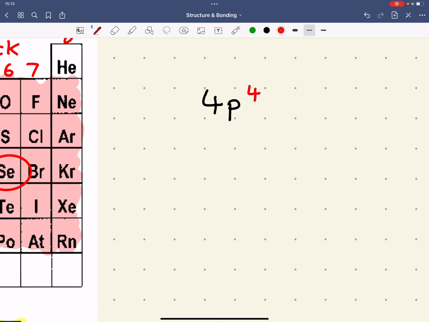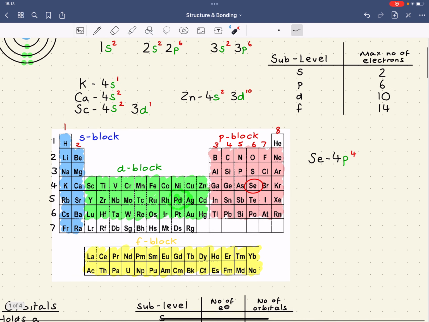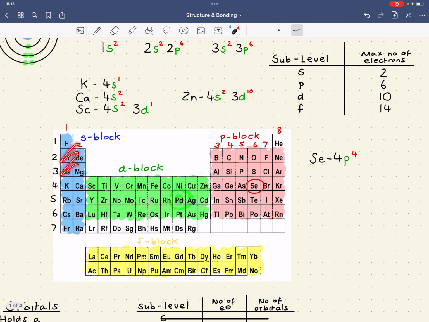That's what its highest energy electrons would be. So that would be selenium. Now, this is just a simplified rule. It doesn't always work, particularly for these transition metals. They tend to behave in a strange way, and they don't always follow this rule. But it's quite a nice rule for looking at where S and P block elements' outer electrons are going to be found.